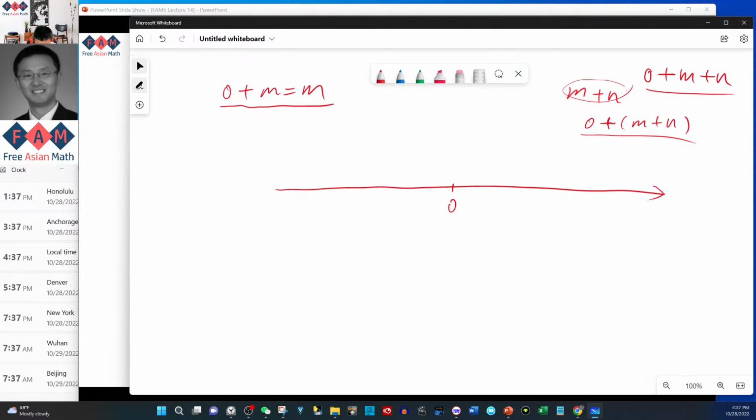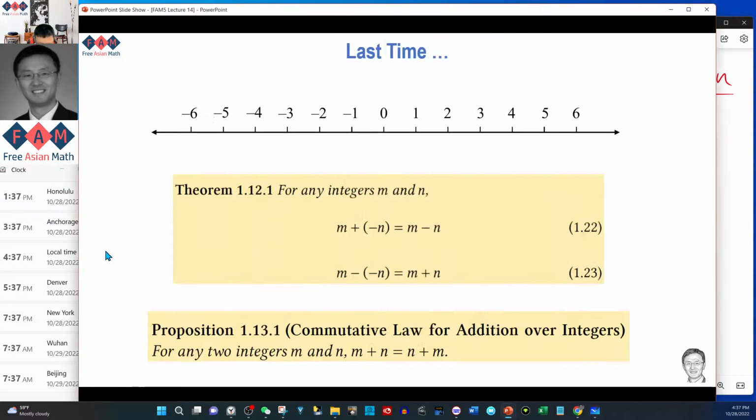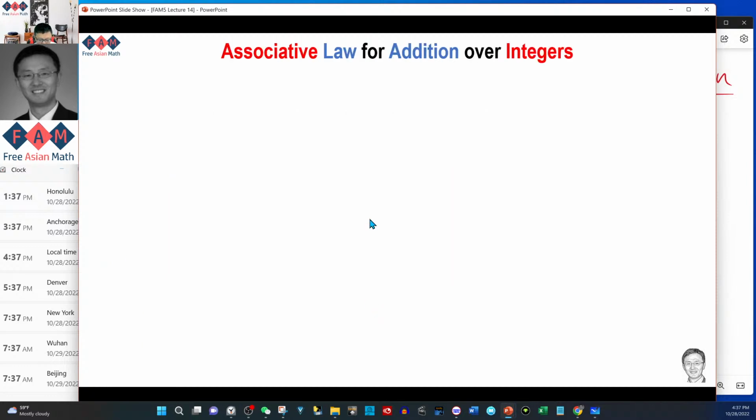Okay, so that gives us some insight into how the next law works, which we know is the associative law for addition over integers. Here it is important because we already know the associative law for natural numbers.